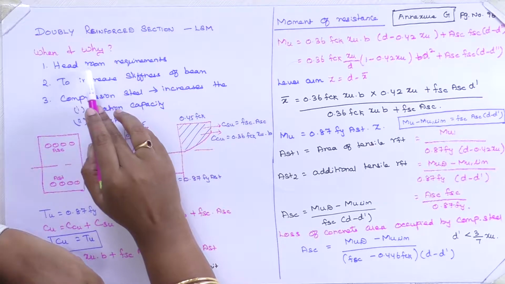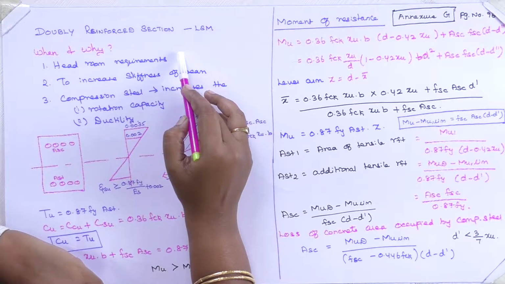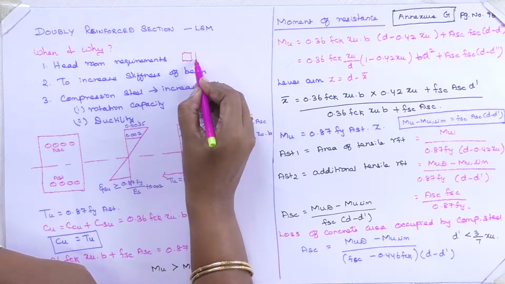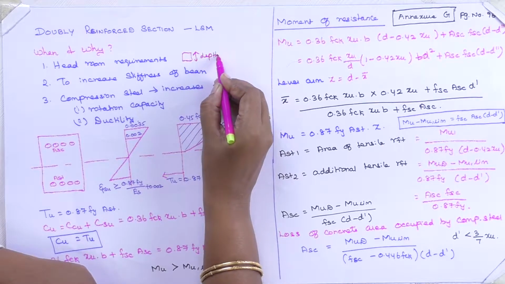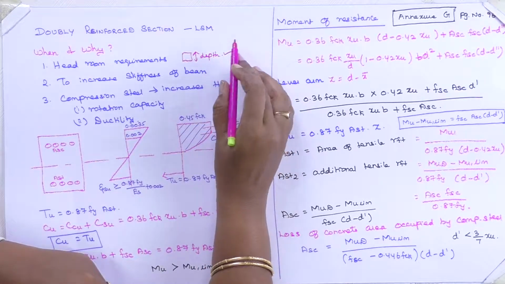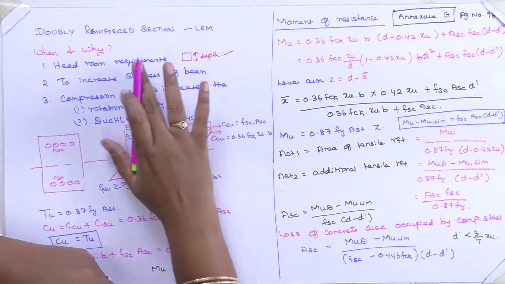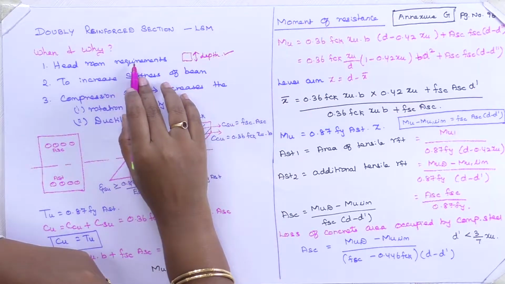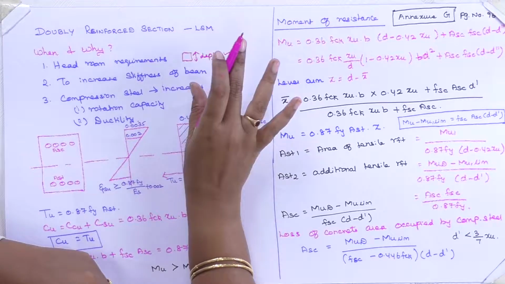One thing, when I have some headroom requirements, that is headroom restrictions, when I am not able to change my depth. When depth is the restriction, the client says I need to provide the same depth, it should be uniform throughout my room. That is the headroom requirement. In that case, we can go for a doubly reinforced section.